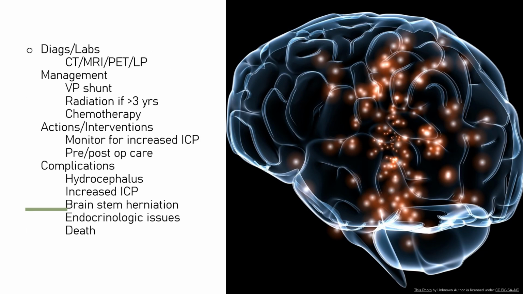So the diagnostics and labs that we do are CT, MRI, PET scan, and a lumbar puncture. We might not do every single one of these, but we need to do at least 2. We'd probably do a lumbar puncture regardless, and then choose which scan is going to give us the best visualization.